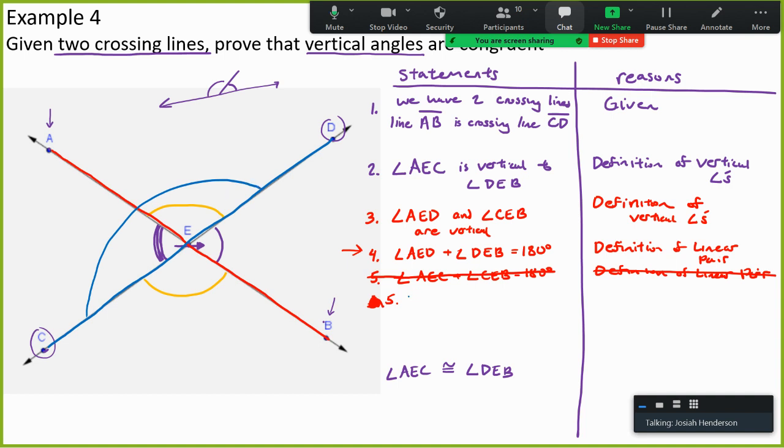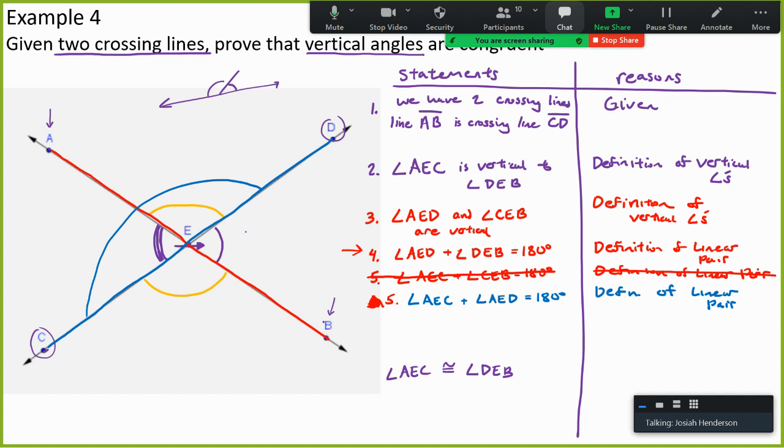So let's write those out now on line 5. Angle AEC plus angle AED equal 180. Definition of linear pair. And that leads to supplementary, that they add to 180.